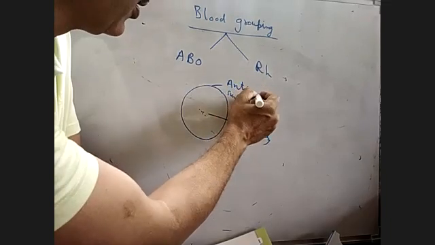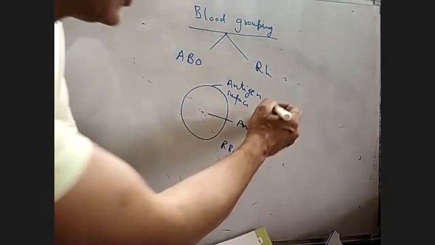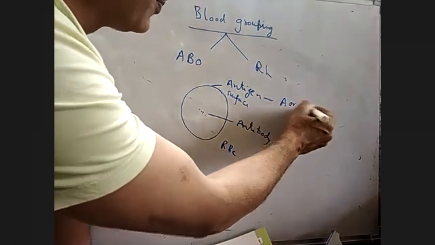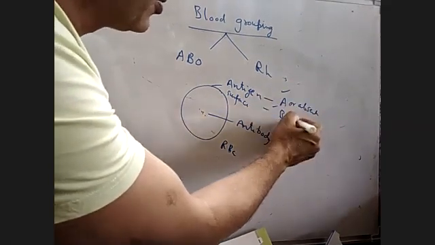Now the ABO blood grouping is based on the presence or absence of the surface antigens on the RBC, namely A and B antigens. Antigen A is present or absent, then antigen B is present or absent.